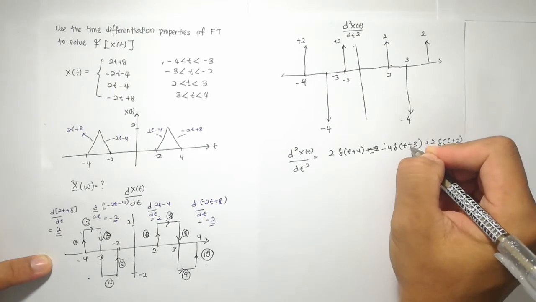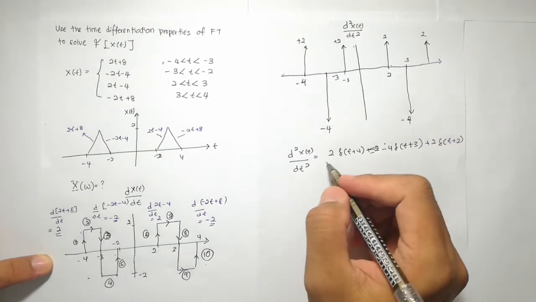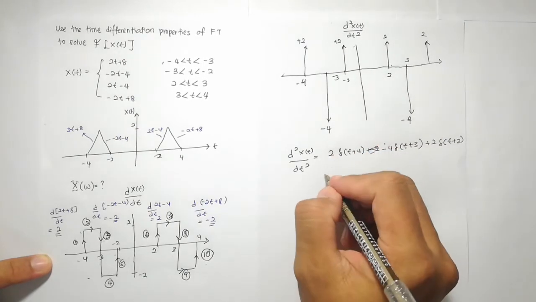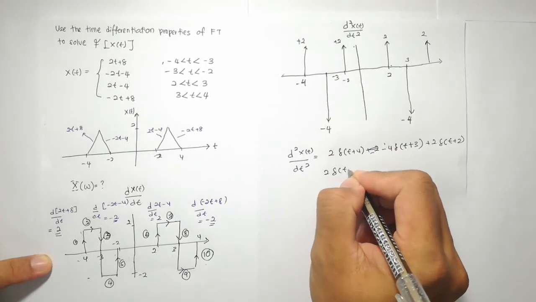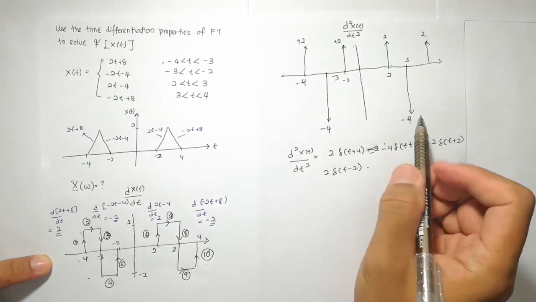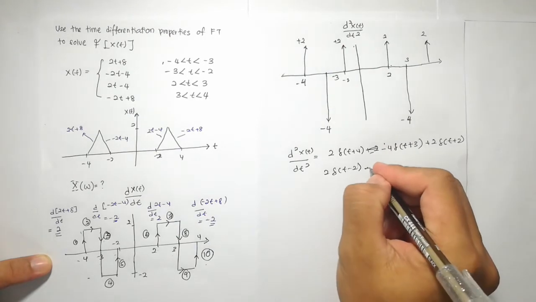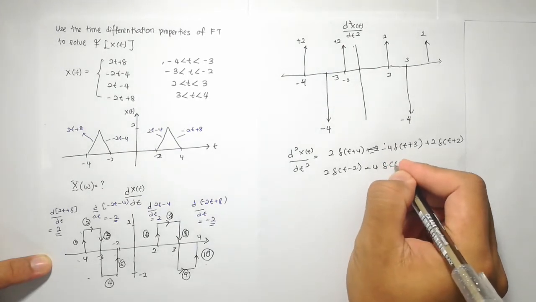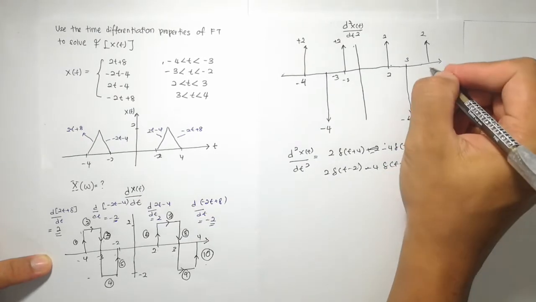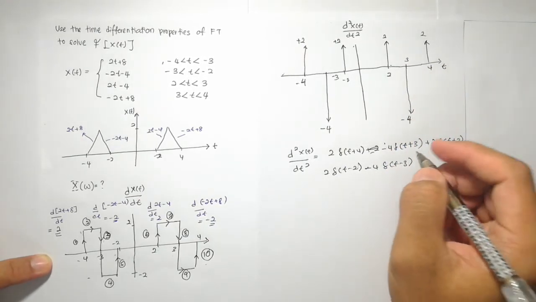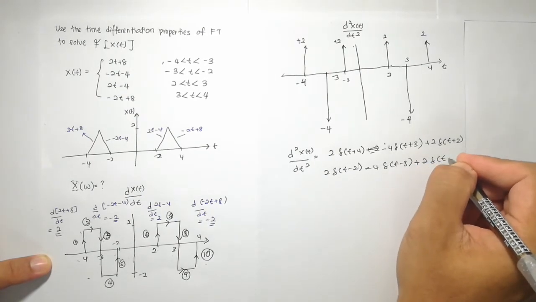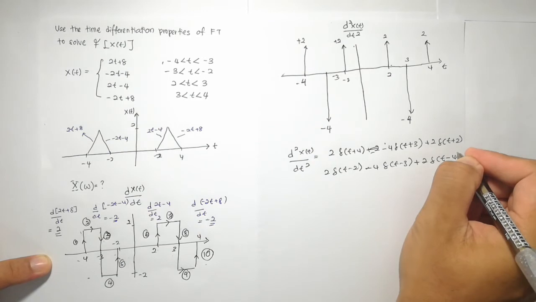The next one is at t equals 2, so we have 2 delta(t minus 2), and then negative 4 delta(t minus 3), and the last one is at t equals 4, so plus 2 delta(t minus 4).